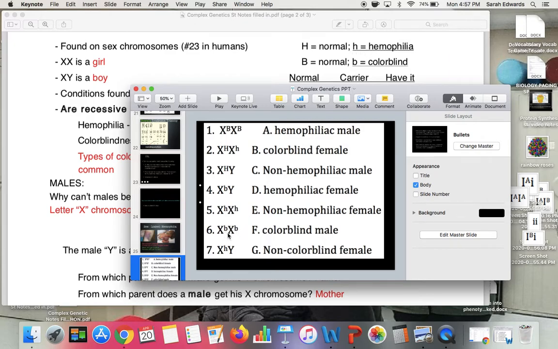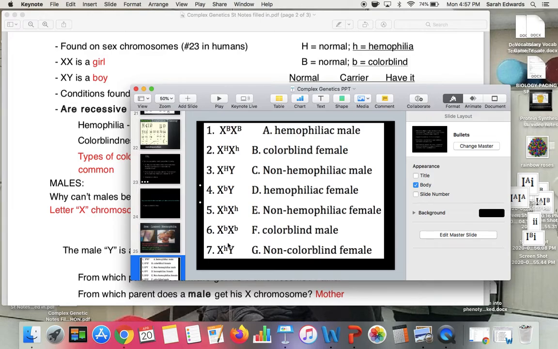Number 6, two X's, that makes it which sex? A girl. And two little b's. Is she normal or is she colorblind? Little b is colorblind. So this is going to be a colorblind female.